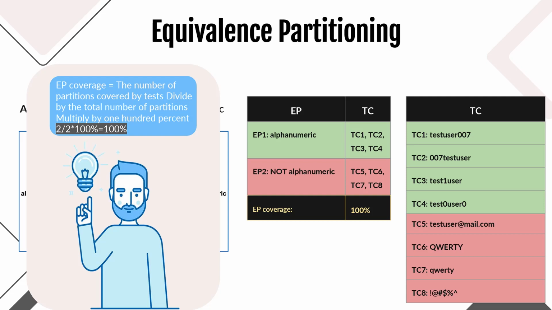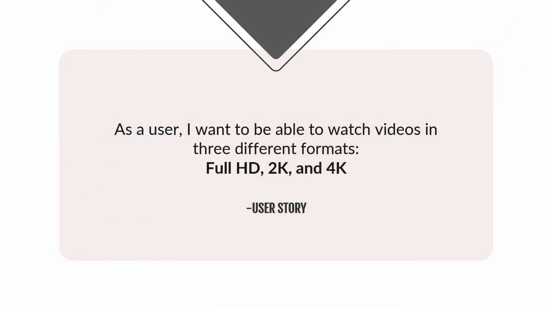Let's check one more example of a simple user story. Non-numeric equivalence partitions can have more than one valid partition. For example, we have the user story: As a user, I want to be able to watch videos in 3 different formats: Full HD, 2K, and 4K. The first step is to divide a set of test conditions into partitions.